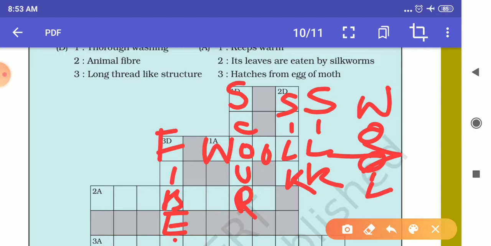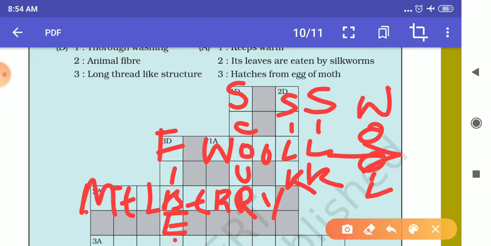Its leaves are eaten by silkworms. What leaves are eaten by silkworms? Silkworm eats mulberry leaves. M, then ELBERRY, mulberry leaves. The last one hatches from egg of moth.